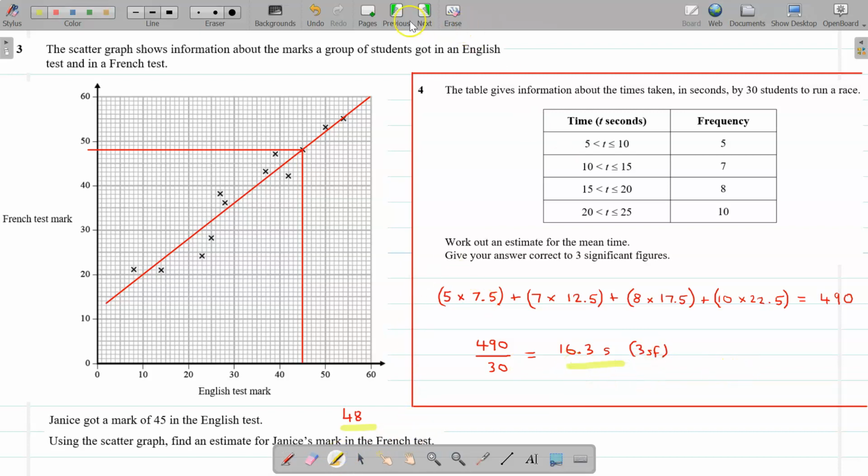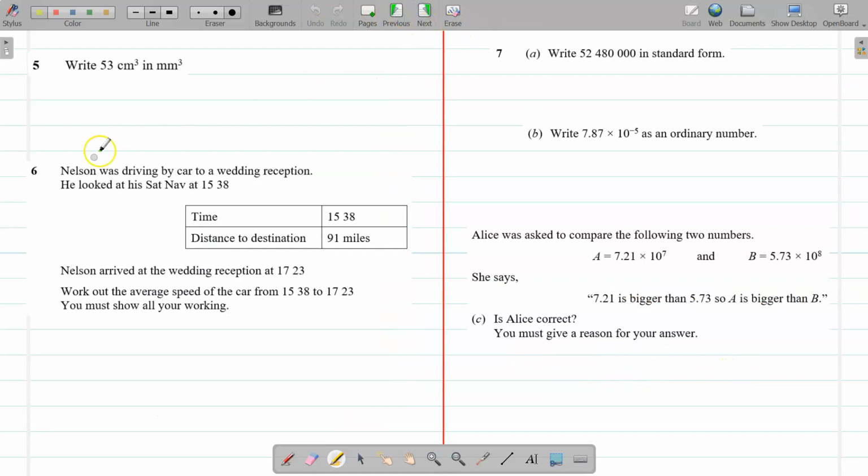So next question. Write this in millimeters cubed. Well, if you think of a centimeter cube as being 10 millimeters long by 10 millimeters high, by 10 millimeters back, so you've got 10 by 10 by 10, that's just the front part of a cube looking sideways on.